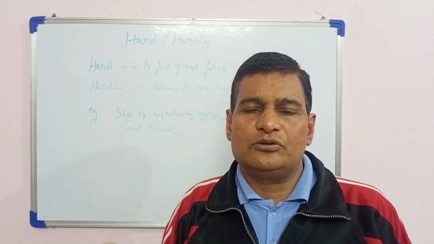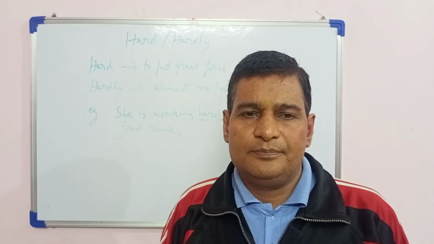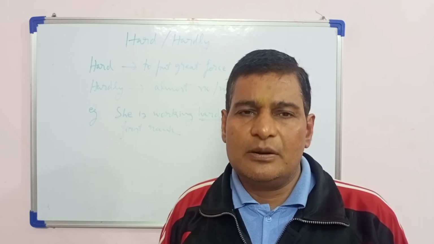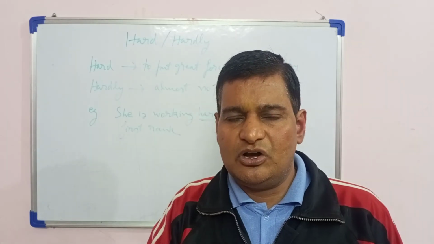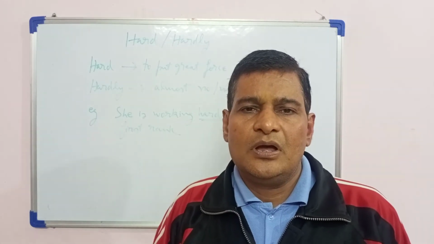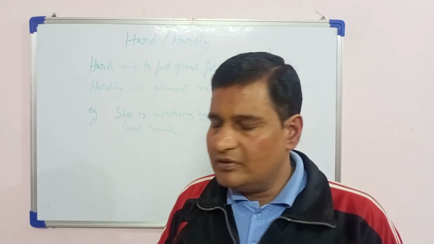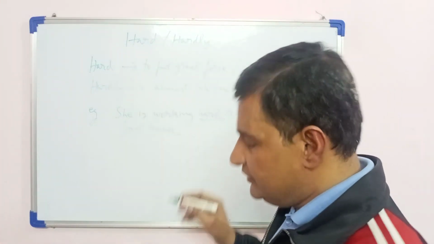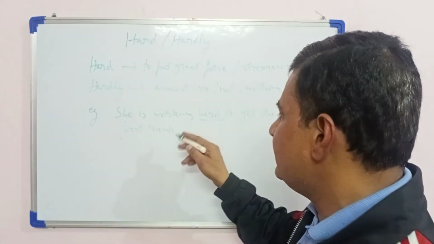Adverbs modify the meaning of the verb. Sometimes they modify the meaning of an adjective or some other adverb also. So, she is working hard. This is a positive sentence. She is working hard to get the first rank.